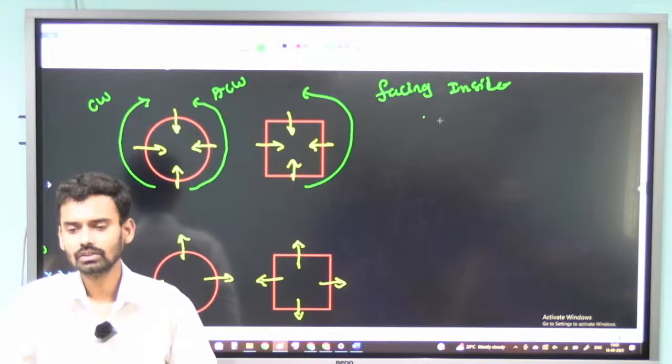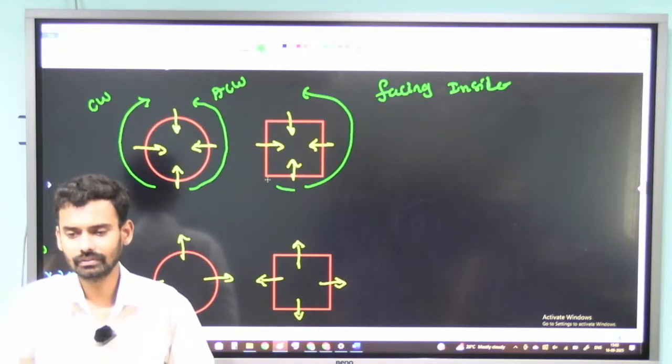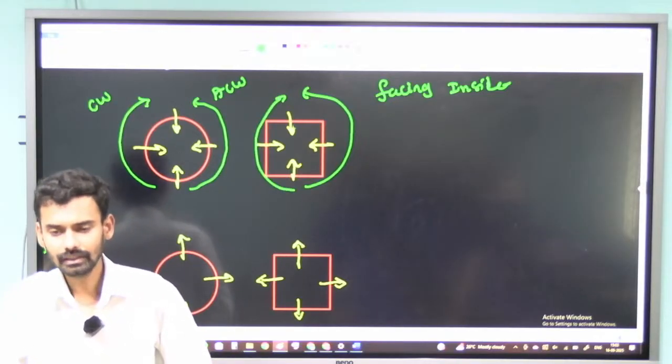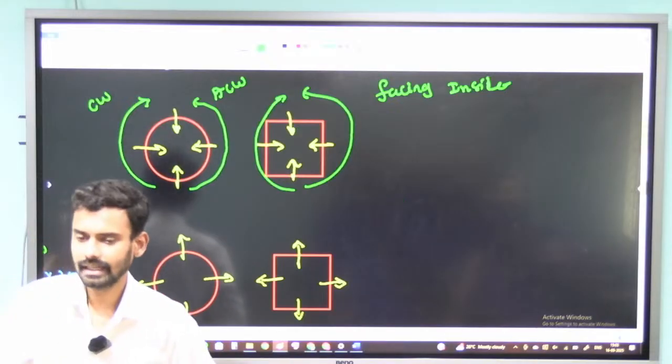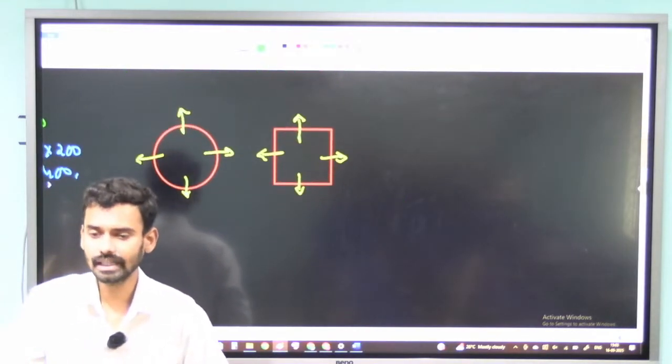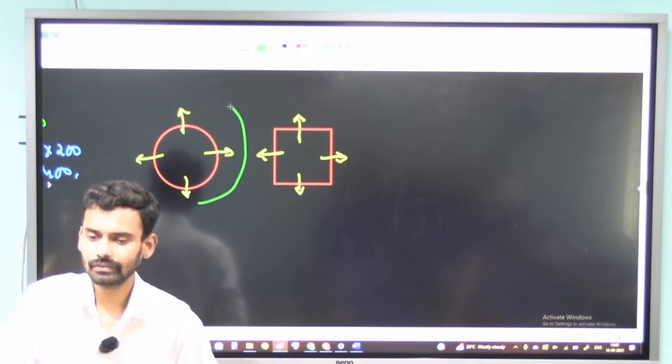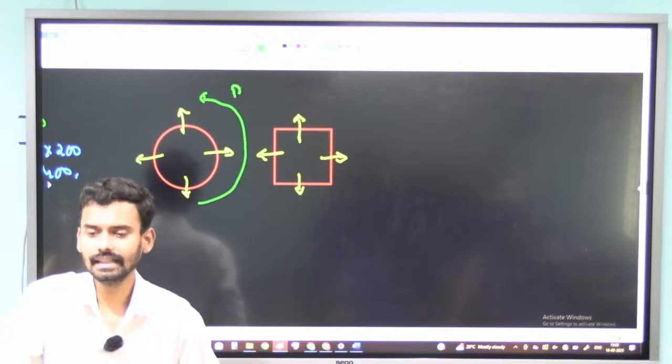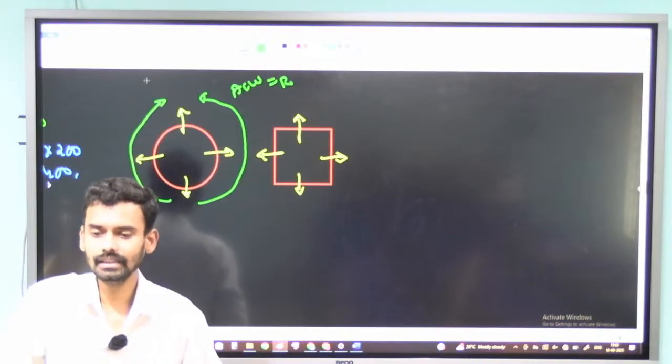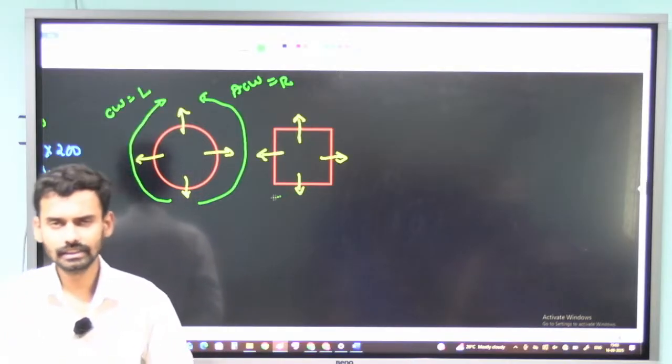This is clockwise, so clockwise will be relating to the left one. Same thing when it comes to the case wherein all are facing outside, then it is again the reverse. If I go in the anti-clockwise direction it will give me the right turn and the clockwise direction will give me the left turn. So this is the major difference.